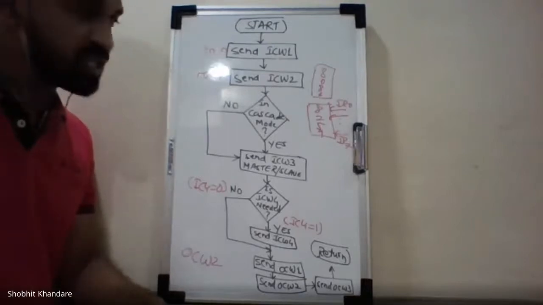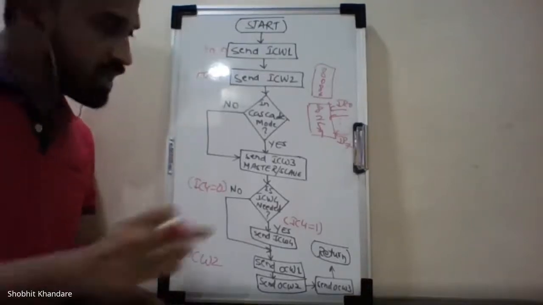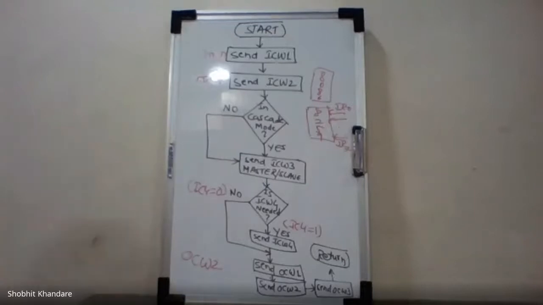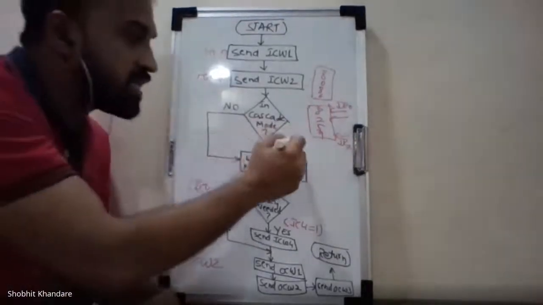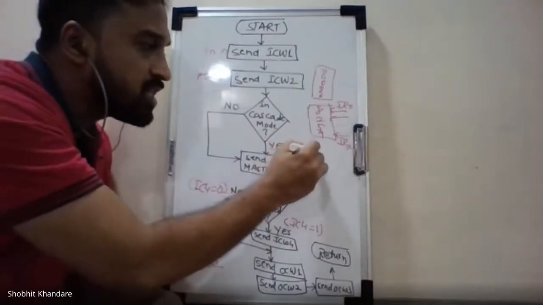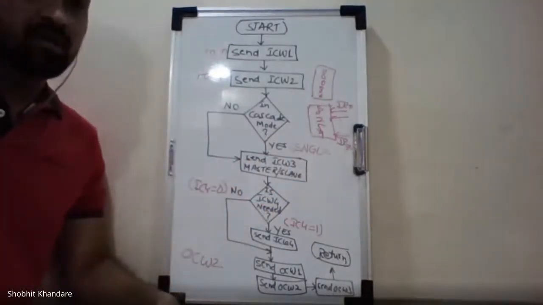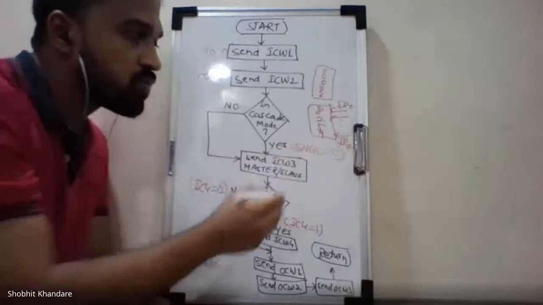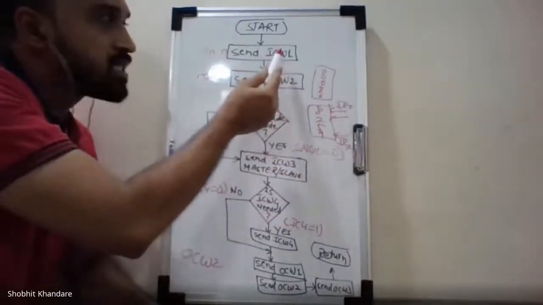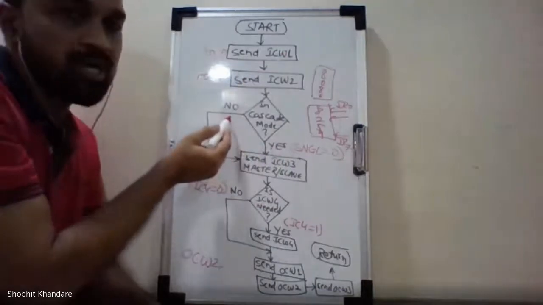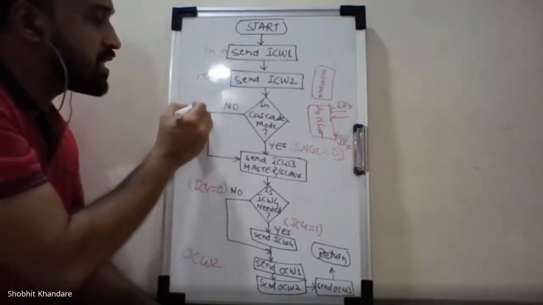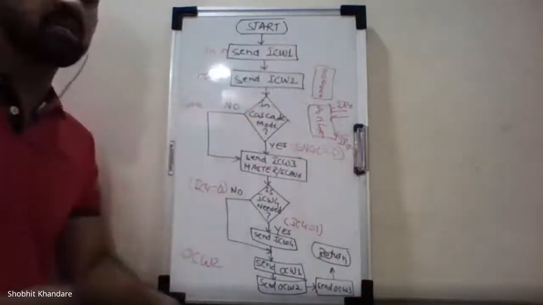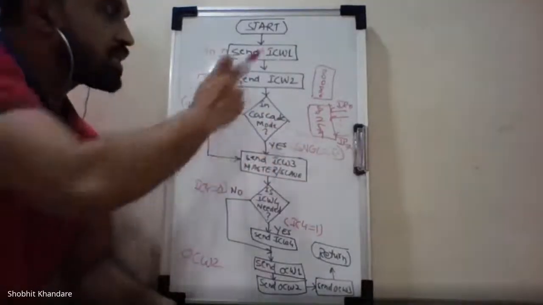SNGL. If we say yes, cascade, then your SNGL will be equal to 0. This SNGL is the B1 bit in ICW1. And whenever you say you do not want cascade, that means single, then SNGL is equal to 1. These conditions are also available in ICW1.